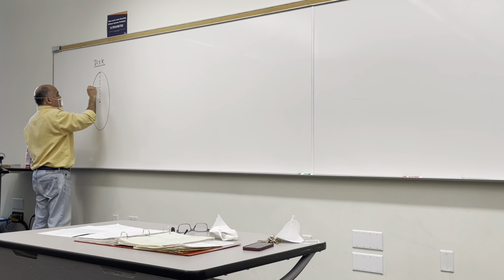And sometimes you have charge distributed throughout a volume, and the symbol that they use for that is rho, the Greek letter rho. So it's the charge per unit volume. Suppose this room, there's a solid that fills this room, and the total charge in this room is capital Q. So what is the charge in 1 cubic meter of volume?